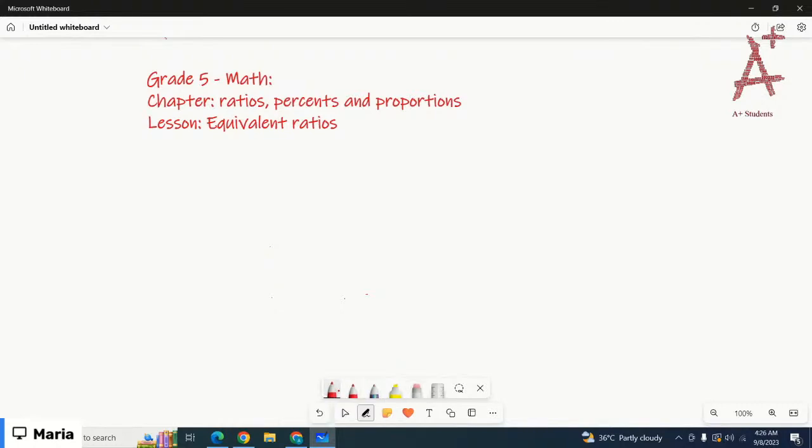Okay, the next one is 3 by 5 and 9 by 15. Are they equivalent? Yes or no? You can take your time, solve the question, or you can just tell me the answer.